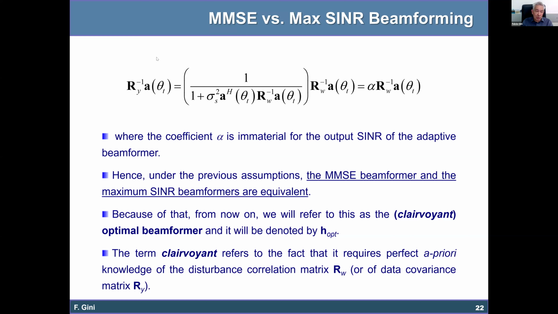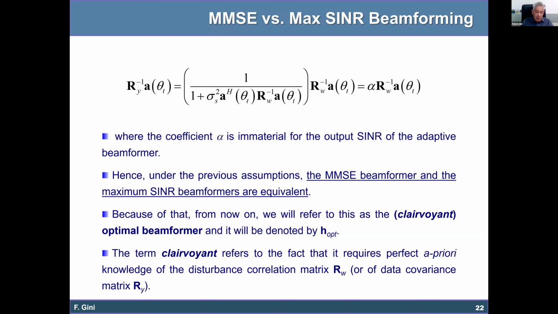Now, let's call this beamformer. So now we understood that asymptotically they are the same. So let's call this unrealistic beamformer, let's call this clairvoyant. So clairvoyant because it's the beamformer that knows the two covariance matrices.